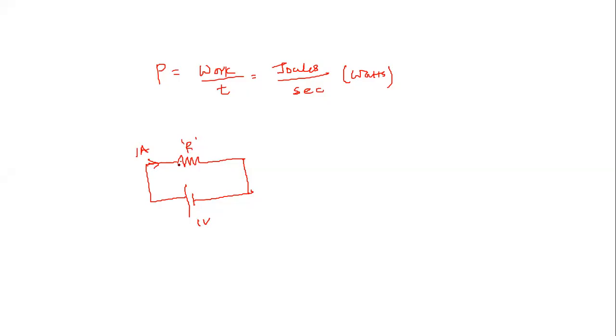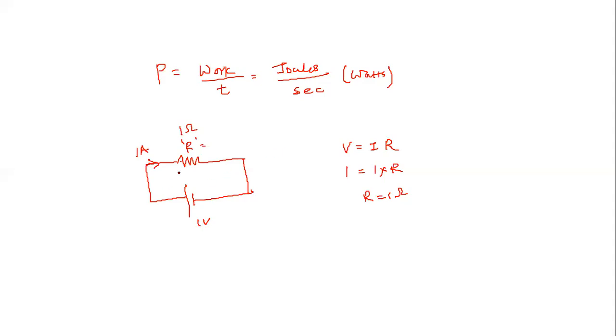How much power would be consumed by this resistance? Obviously, as the voltage is 1 volt and the current is 1 ampere, I can apply Ohm's law: voltage is equal to I into R. I can get the value of R. Voltage is 1 volt, current is 1, so R will be 1. So this is 1 ohm resistance.